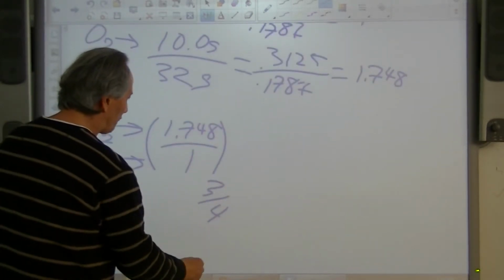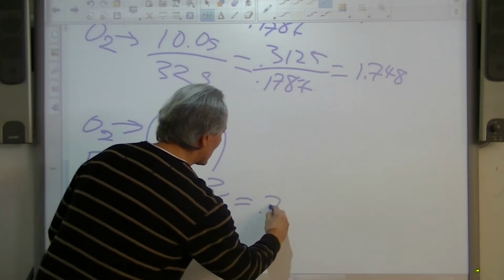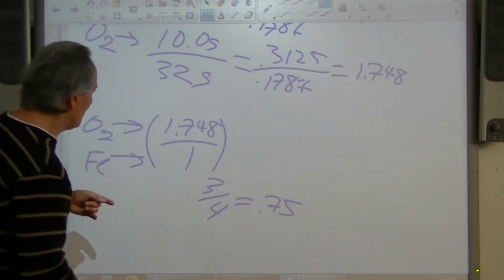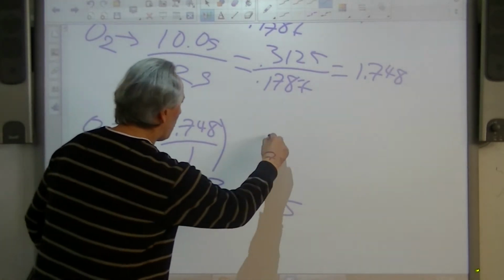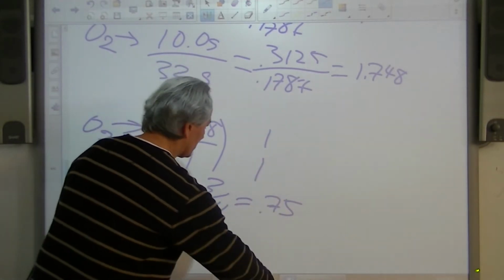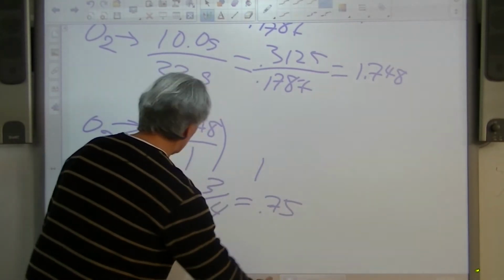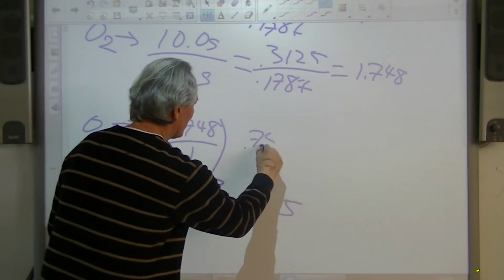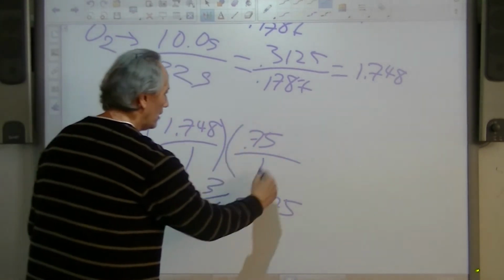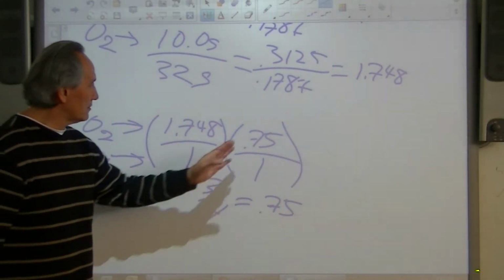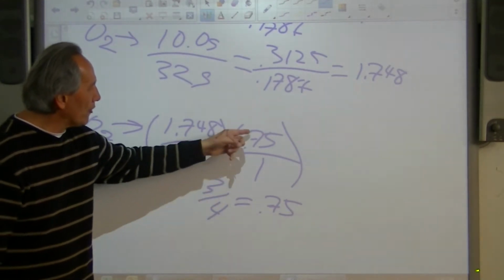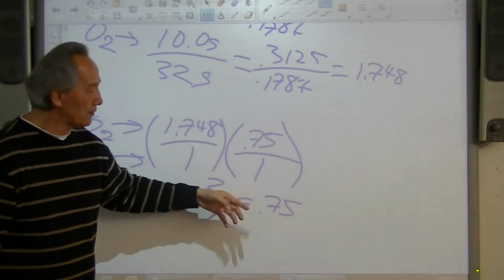Now that 3 to 4 is really 0.75 in a decimal format. So essentially I have 3 to 4, 0.75 to 1. And this is the actual mole ratio taken from the balanced equation. 3 to 4 or 0.75 to 1, 3 to 4.